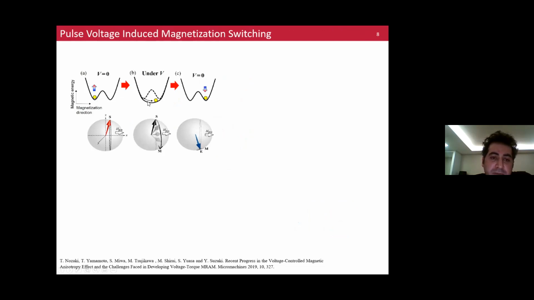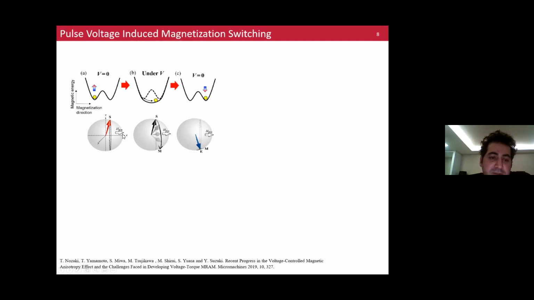And if we apply voltage, it will go like this, and at the time that the switching is here, the magnetization is rotated to the minus Z side. If we remove the voltage, we can confine the magnetization at the minus Z side. So we can switch the magnetization by applying only voltage.